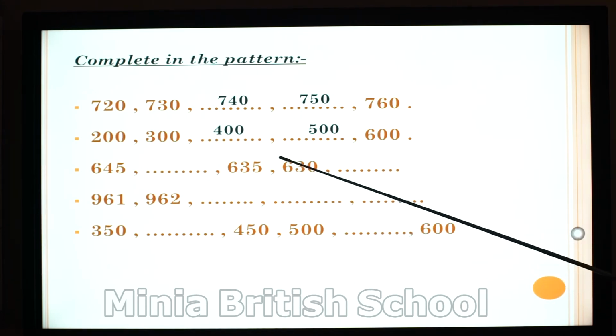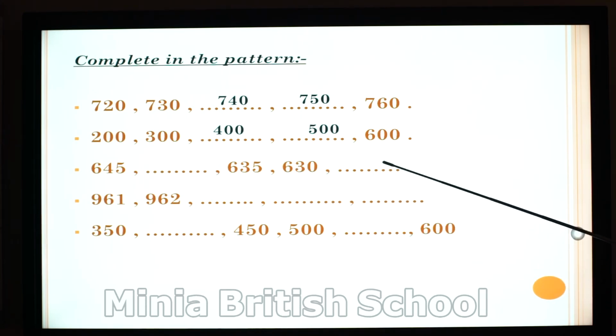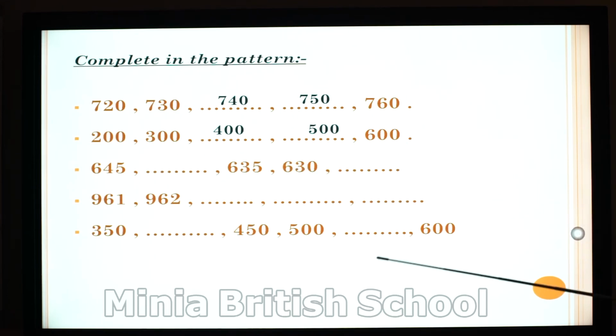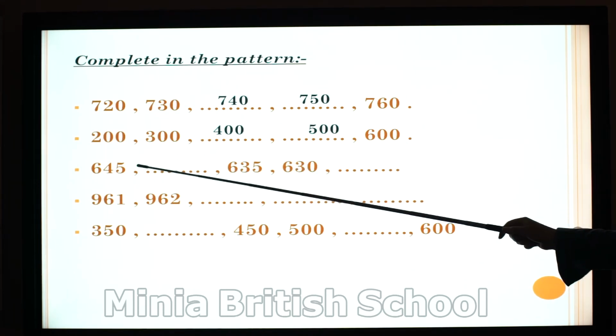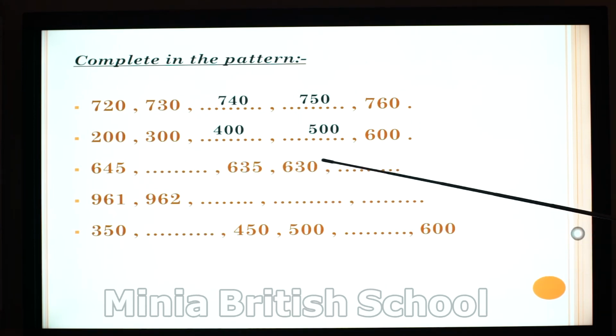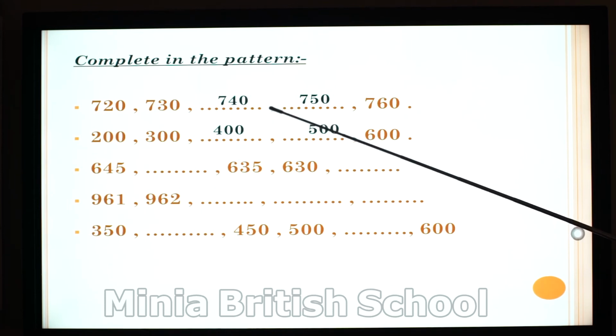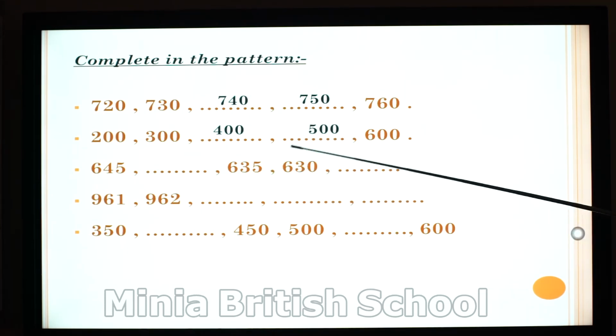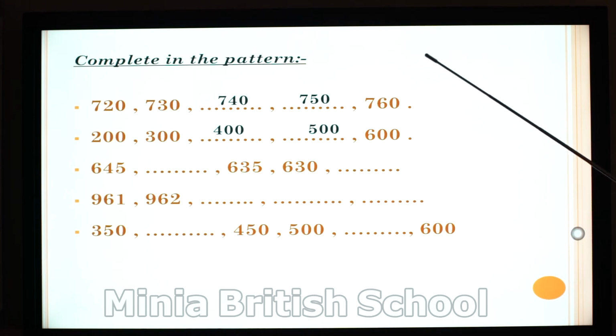645, space, 635, 630, and space. Here, look at the hundreds. It's the same. Look at the tens. Here 4, and here 3, and here 3. Are you counting up or counting down? It's counting down. By what? By 1, by 2, by 5, by 10, by what?